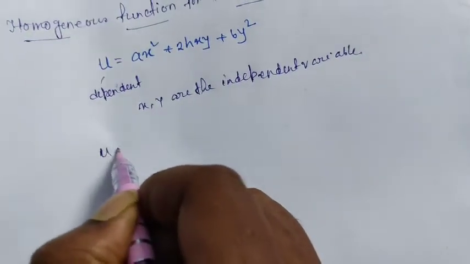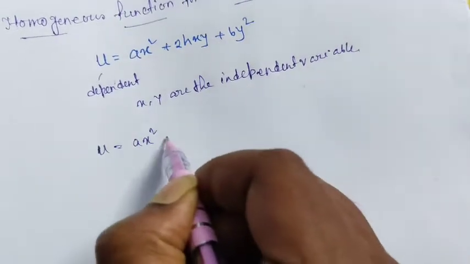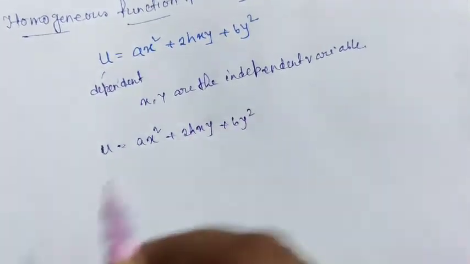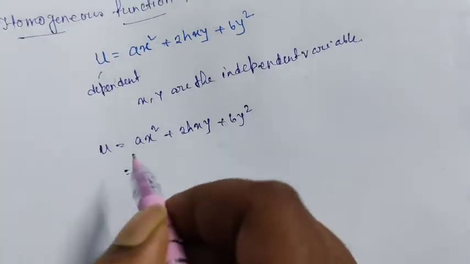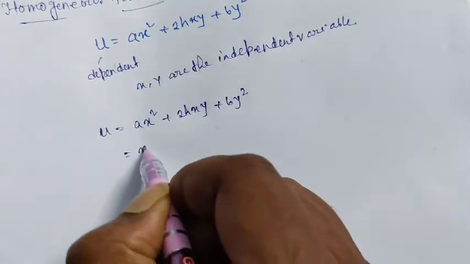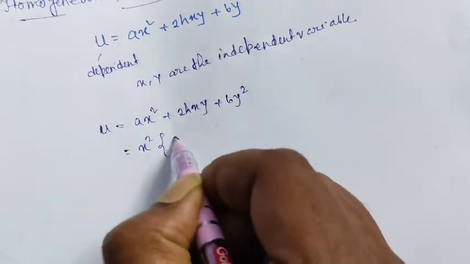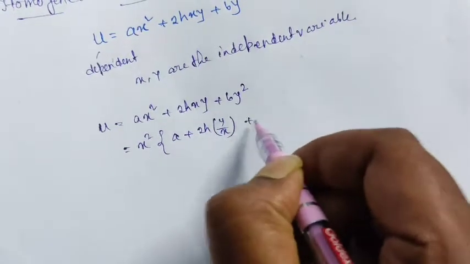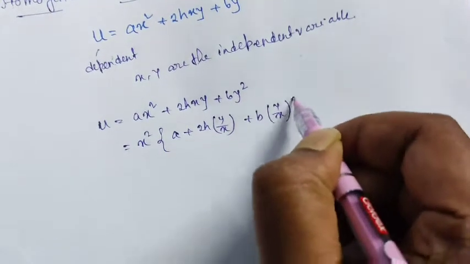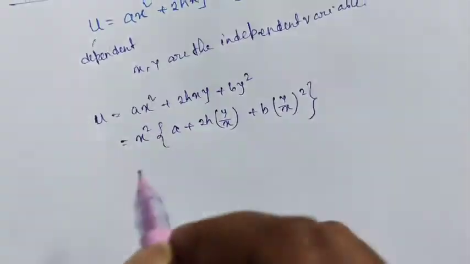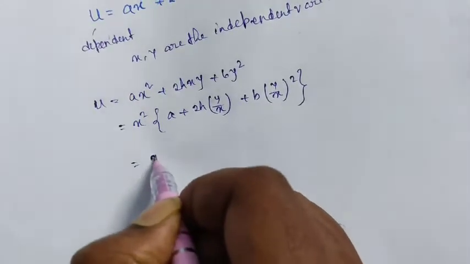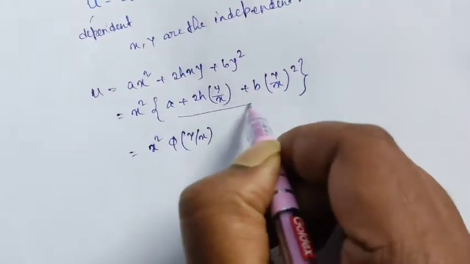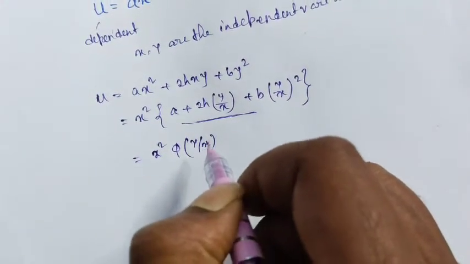If we write u is equal to ax square plus 2hxy plus by square, and take x square common, then we can write a plus 2h y by x plus b into y by x whole square. And from here we can write it in the form x square into phi of y by x, where we consider this function as a function of y by x.